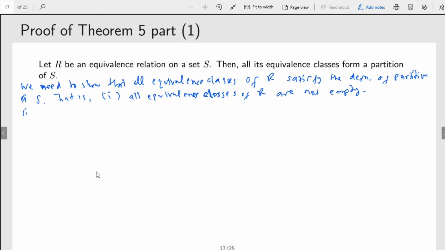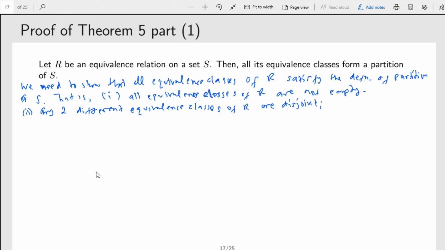2, any two different equivalence classes are disjoint, right?